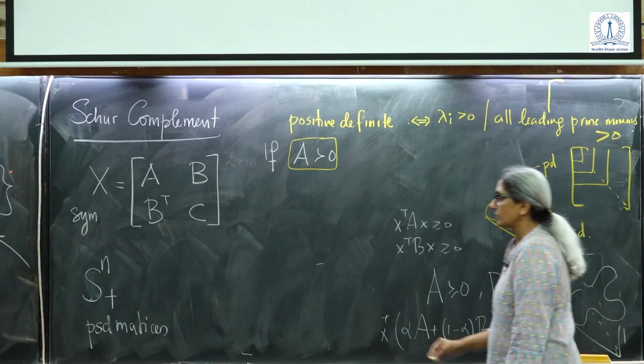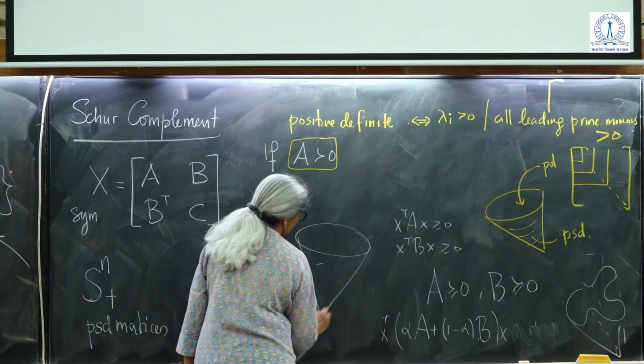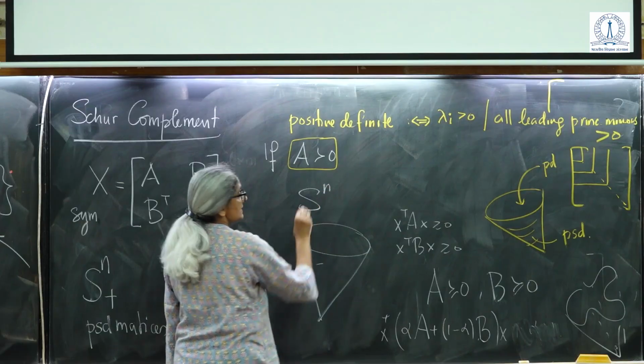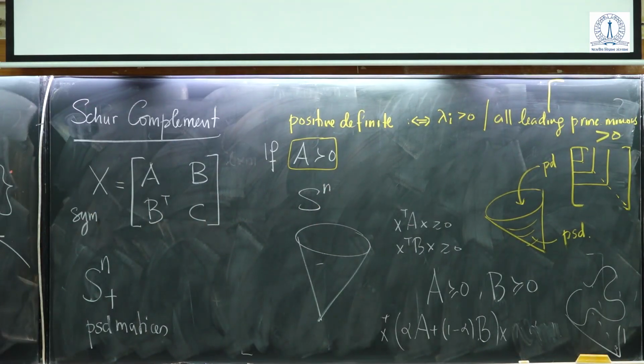Okay, that's why I'm drawing the pictures like this. But it is living in the vector space of n by n symmetric matrices. So the ambient space is n by n symmetric matrices. Inside that, it is a cone that's convex. Okay, so it is like the positive orthant of Rn.